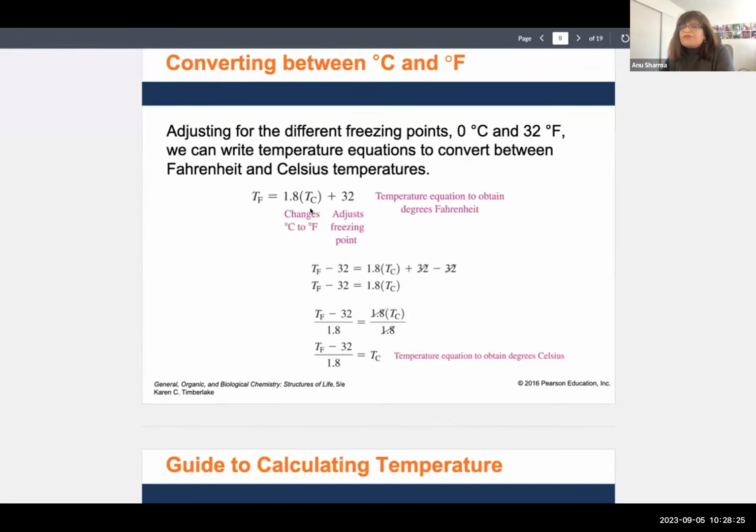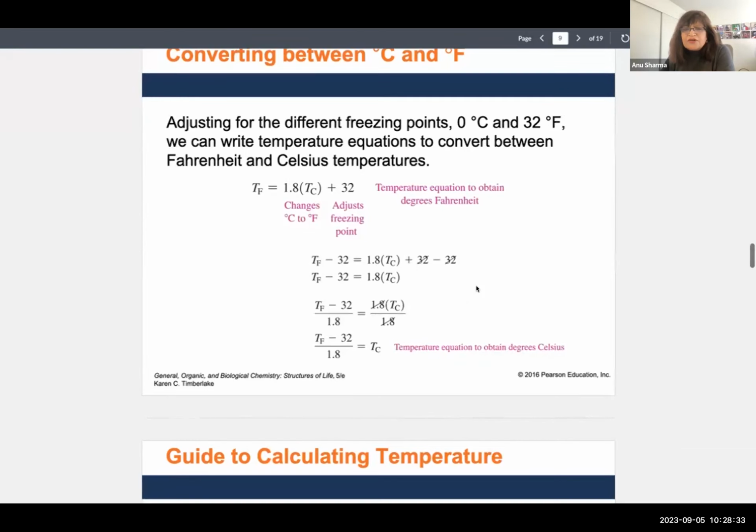So multiply whatever is given to you. So this is one formula. Another formula is if you are given Fahrenheit and you need to convert to Celsius, then you take the Fahrenheit, subtract 32 and then divide by 1.8.